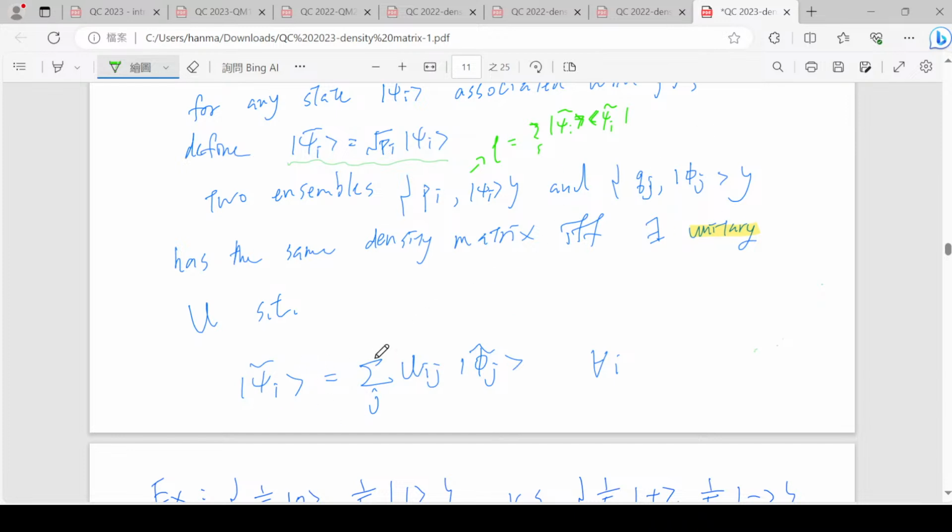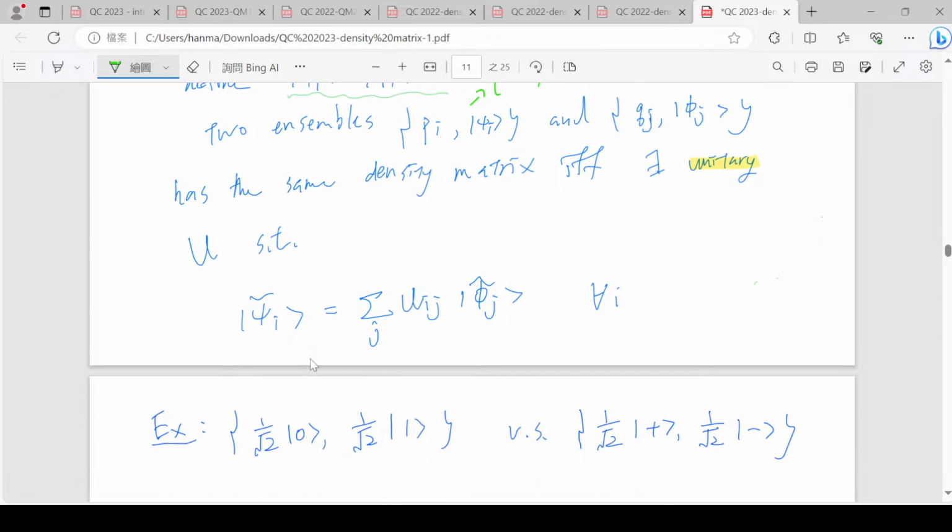So psi tilde_i equals the summation over j of u_ij phi_j tilde. This is simple, but it's actually a bit weird.